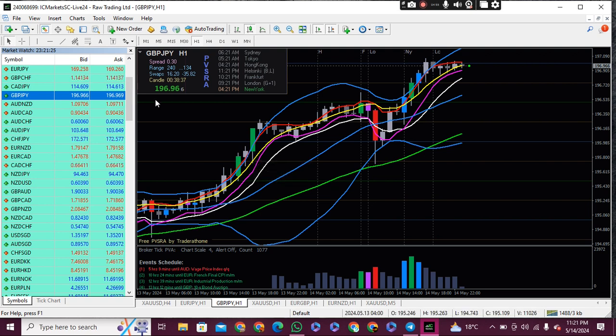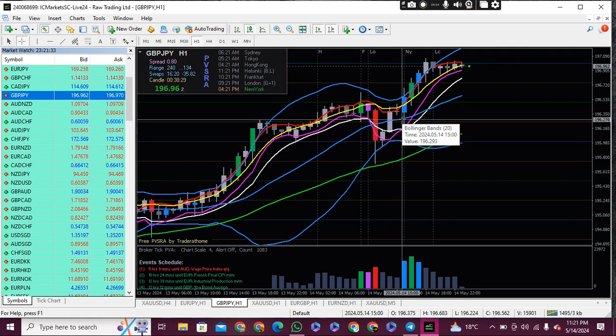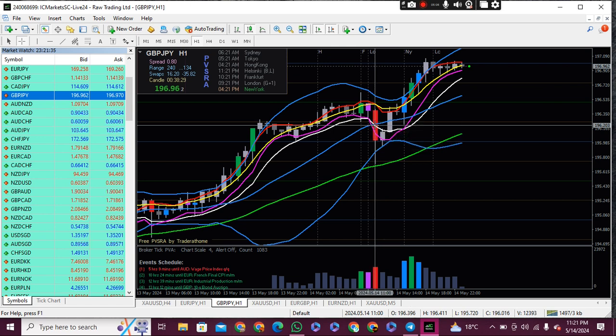So a quick one. It was around this area. Yeah, but the signal was sent out very early in the morning, I think around 2 a.m. And this is the first signal we got.